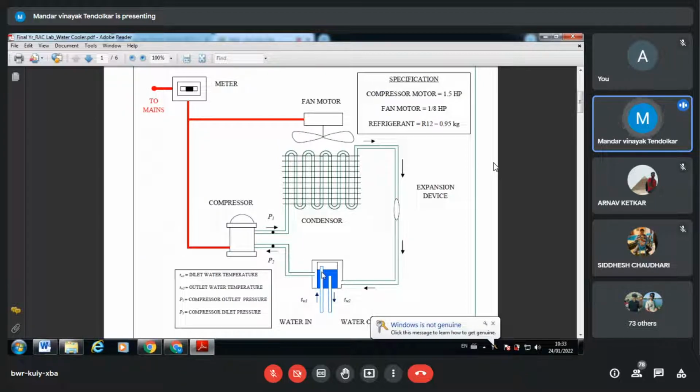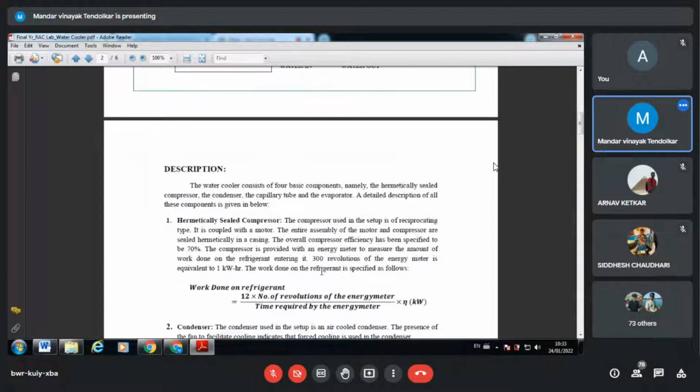But in our experiment we are assuming it involves only the latent part, the phase change. So that is how we make the first law of thermodynamics valid here: whatever is the sensible heat rejection by the water is the same as the latent heat absorbed by the refrigerant. Do you agree? Yes, sir. Okay, so this is how we will move ahead.